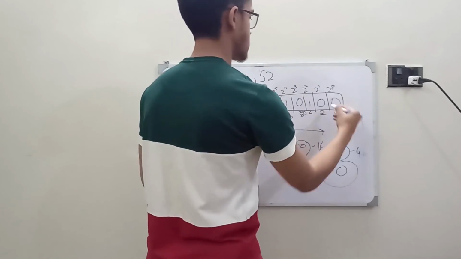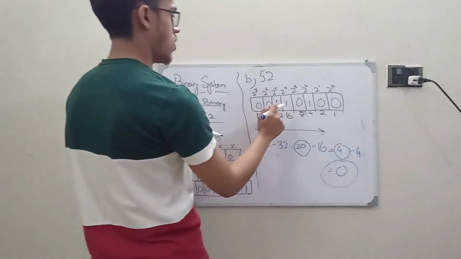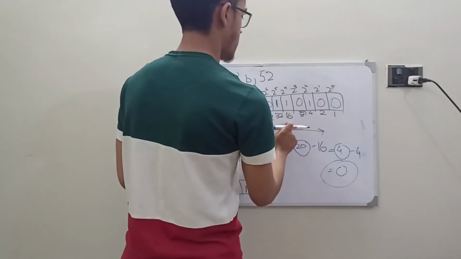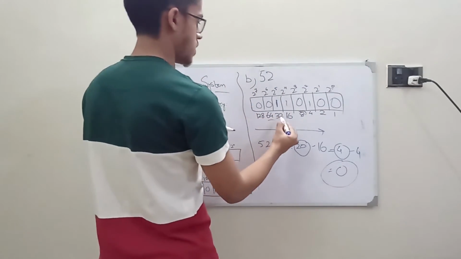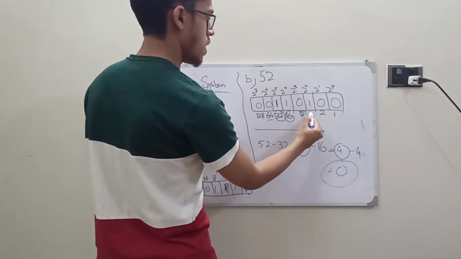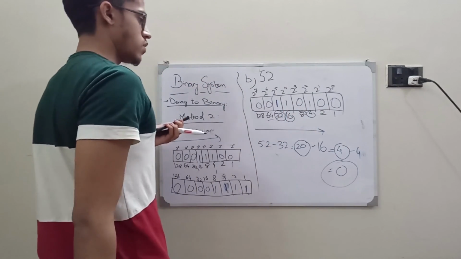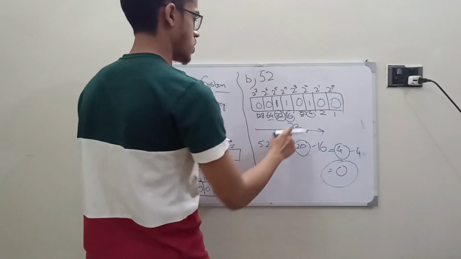So for the next ones we will place 0 and 0. And if we add all those 1s with their corresponding numbers together, it will eventually become 52. You can even see it. If we add this 32 with this one, 16 with this one, and 4 with this one, it will eventually become 52.